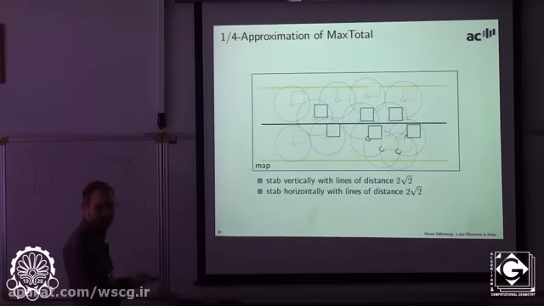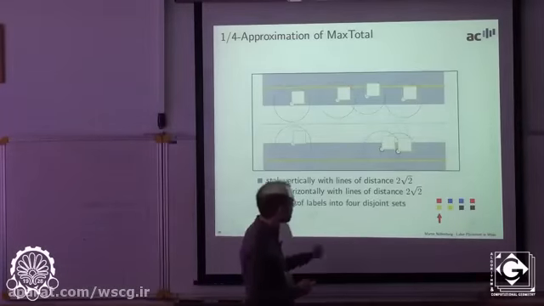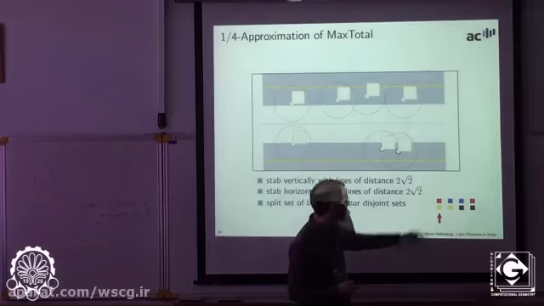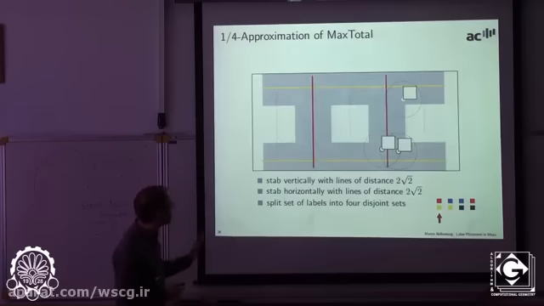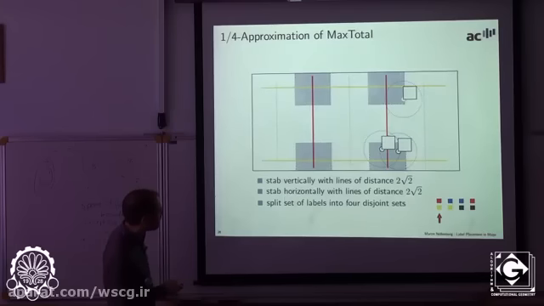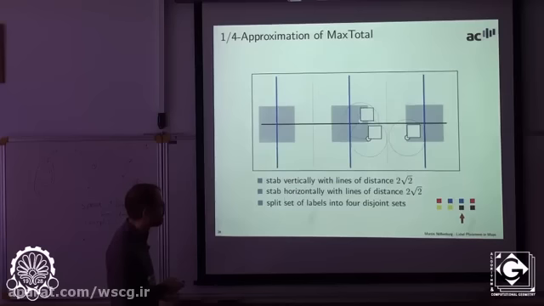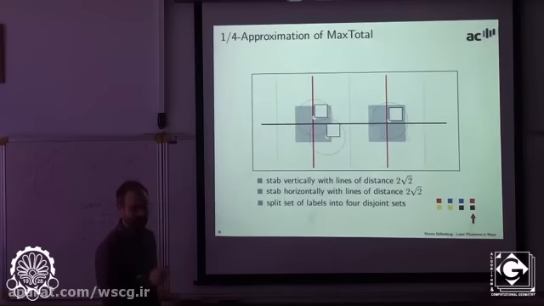You do the same trick with horizontal stabbing lines of the same distance, and that colors the labels yellow and black. Now each label got 2 colors, and this defines 4 classes. Some labels have received red and yellow, those stabbed by a red line and a yellow line, these are these three here in this example. Blue and yellow is a different set of labels, and likewise blue and black, and red and black.